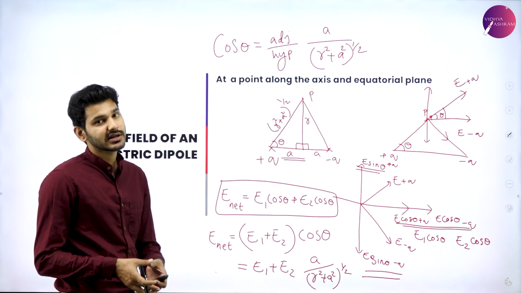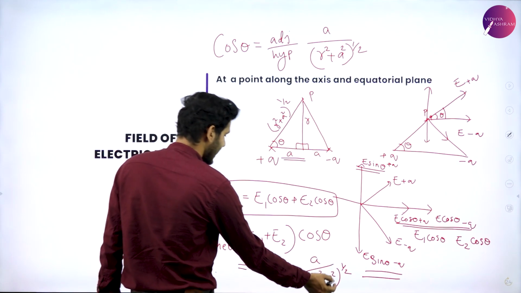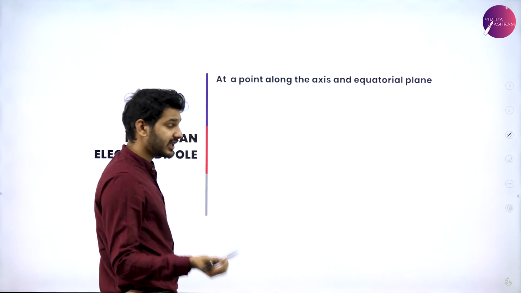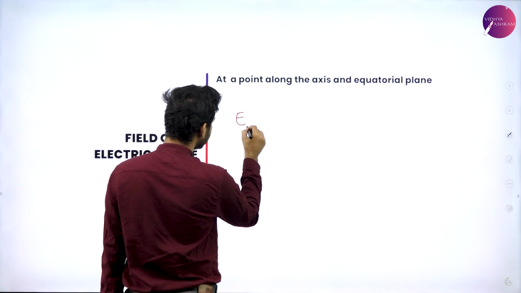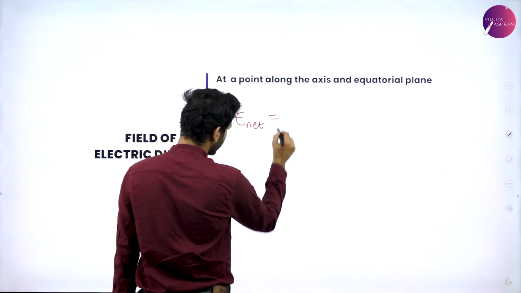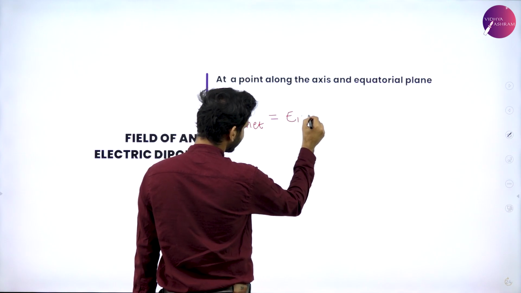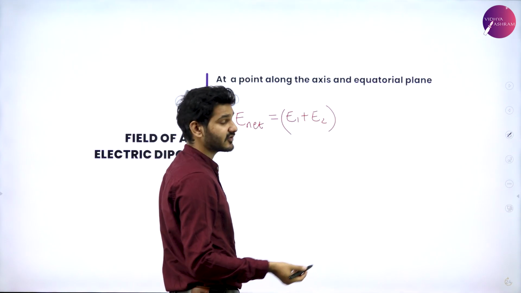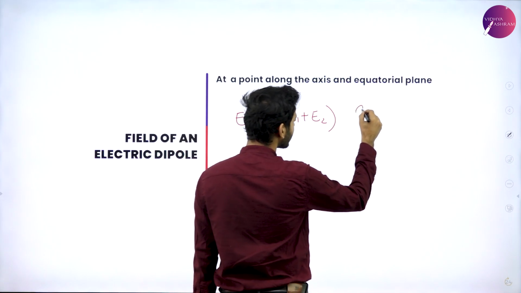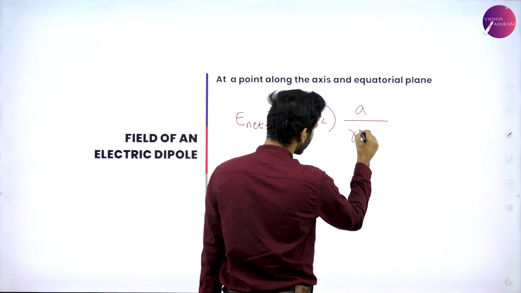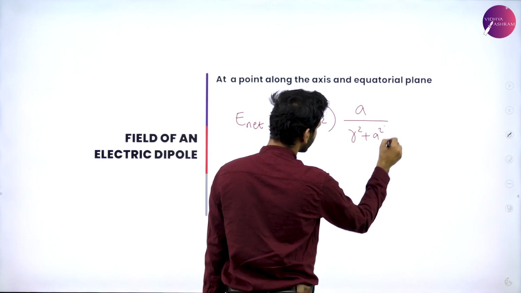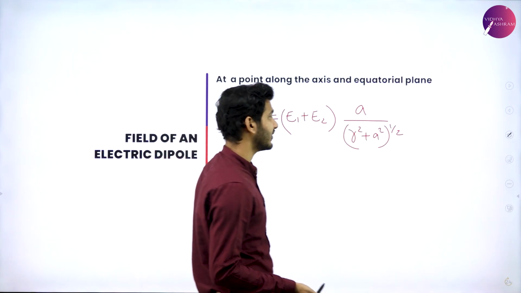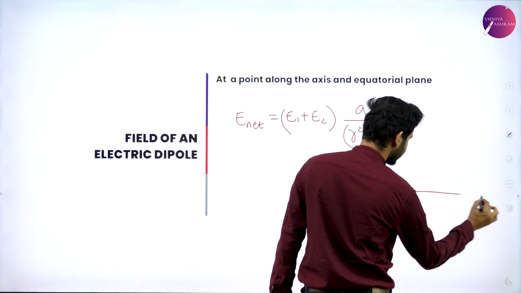Again, we are going to take the consideration that A will be very less than R. So what we obtain here is E net is equal to (E1 + E2) cos theta, which we just reduced into the form A divided by (R² + A²)^(1/2). Just so that you don't have any doubts, the image will be like this.